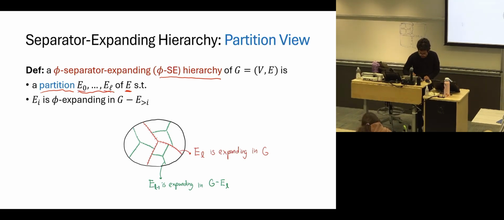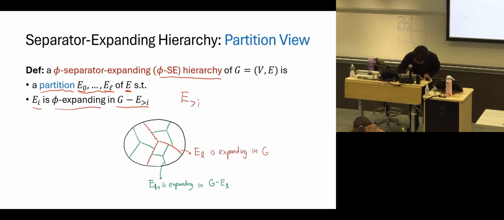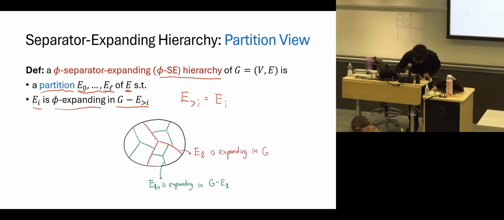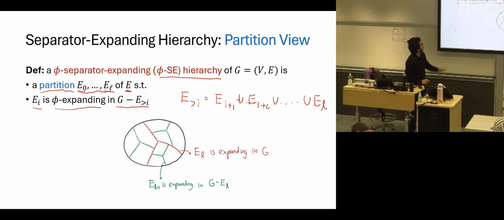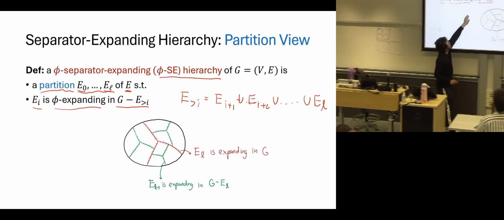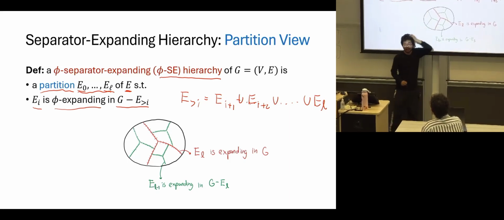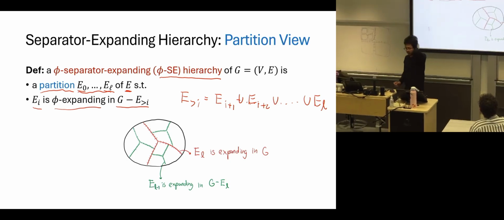And I say that for each level I, EI is phi expanding in G minus E more than I. What is E more than I? This is E I plus 1 union E I plus 2 union up to EL. So EI is phi expanding in G minus E more than I.